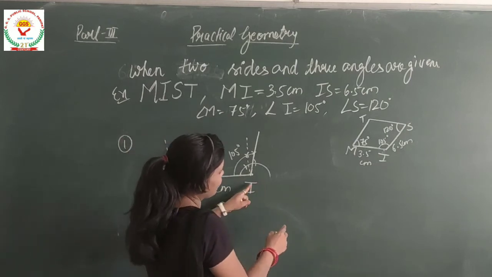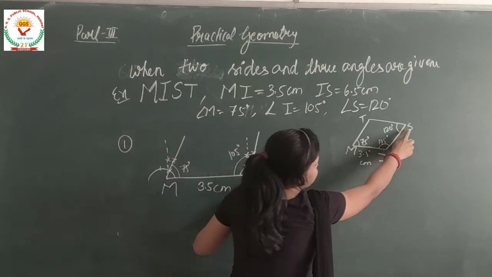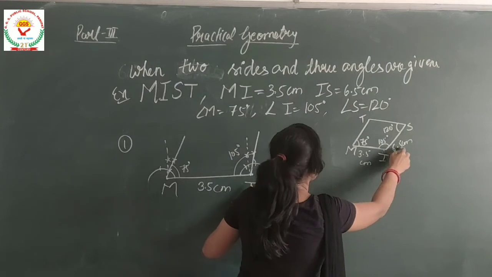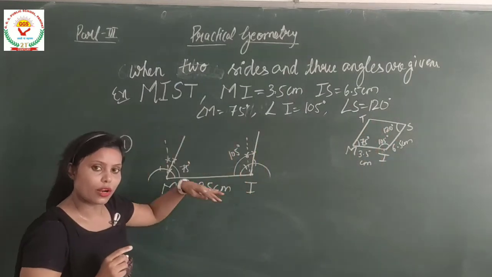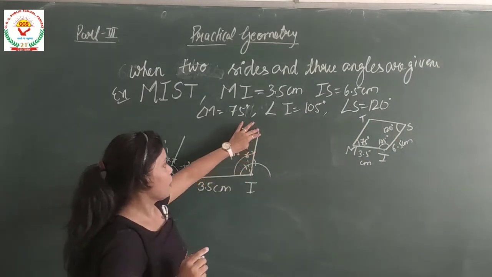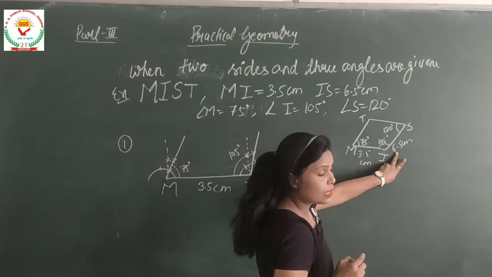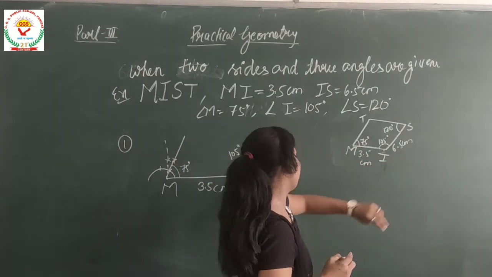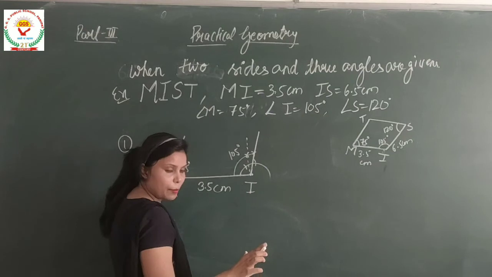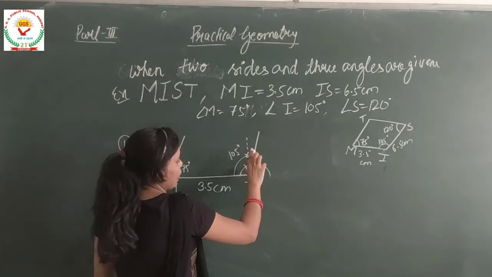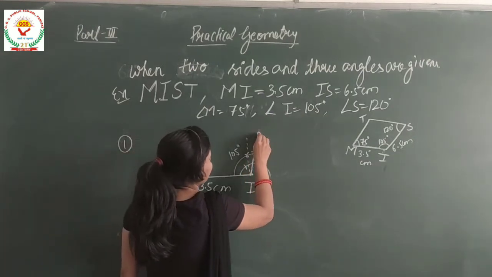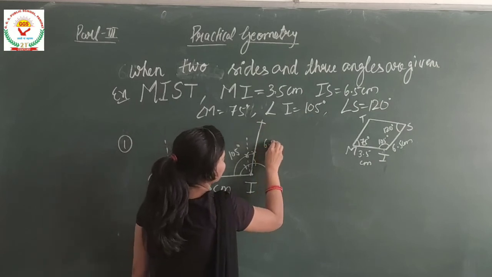Okay. Now we have two angles, 75 and 105. And we know that IS is 6.5. I have already told you how to take the length with the compass. So you will stretch your compass, use the ruler, and mark the arc of 6.5.